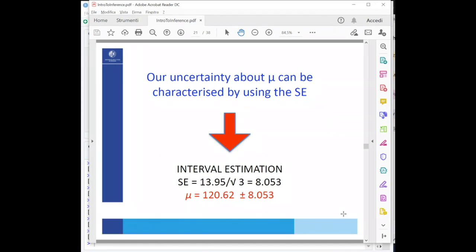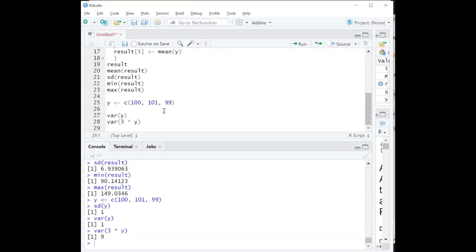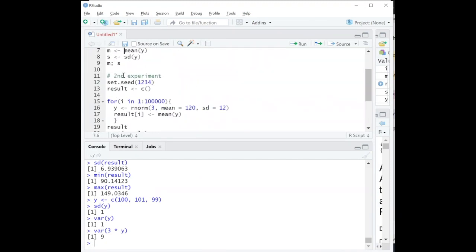So we see a mean of 120.62. We calculate the standard error, that is 13.95. Please remember that 13.95 is the observed standard deviation for our sample. Look, we have a sample here.